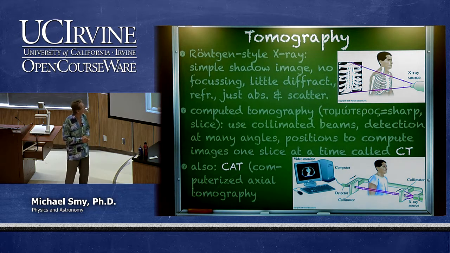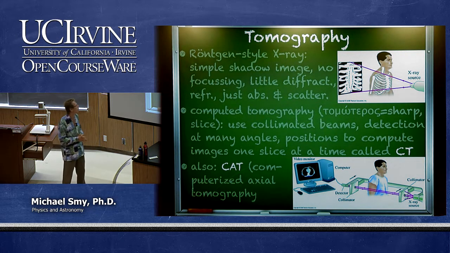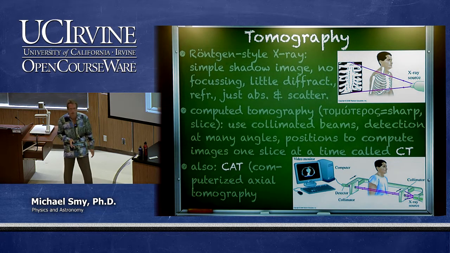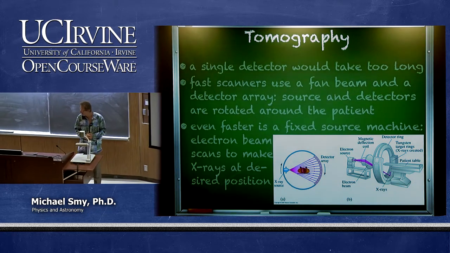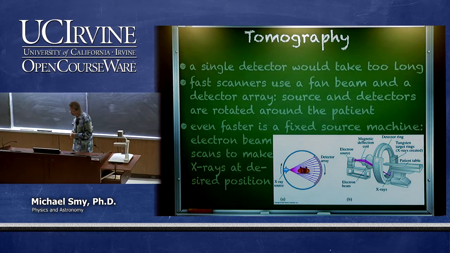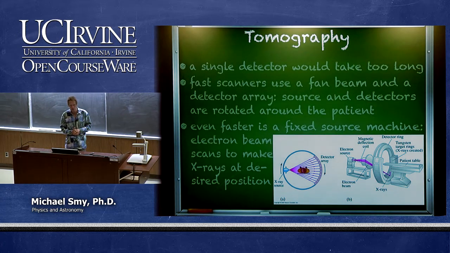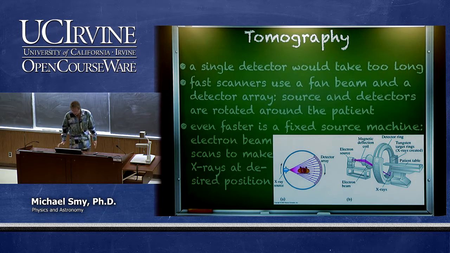And this technique is also abbreviated as CT or CAT, where CAT means computerized axial tomography. While it's possible to proceed this way with a single detector, it is not particularly useful because it would take a long time to take all the images of all the angles and so on, and the patient would become impatient probably.